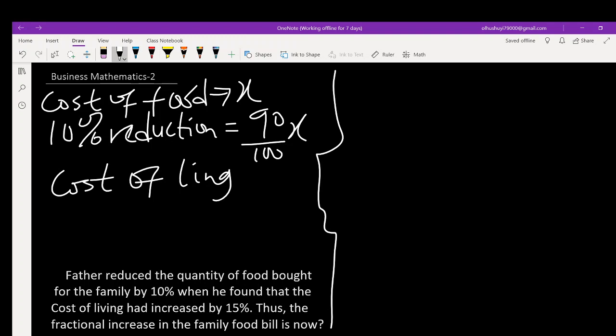So we take the cost of living to be Y. Or better still, we can move at another rate. So let X be quantity of food bought for each unit. Cost of living equals Y. Then the cost of living increased by 15%.